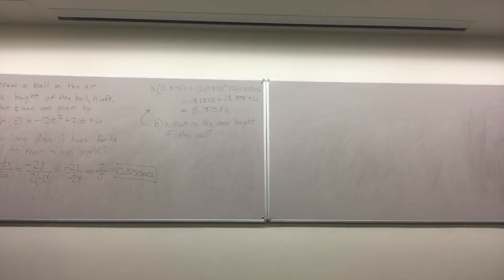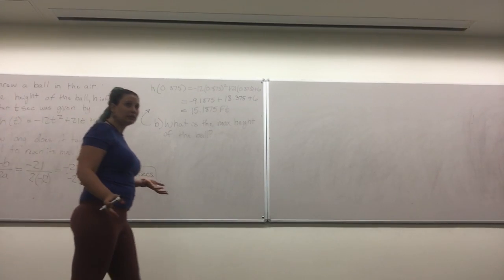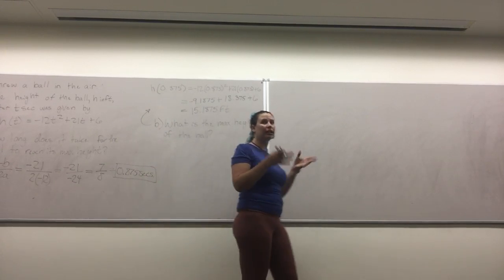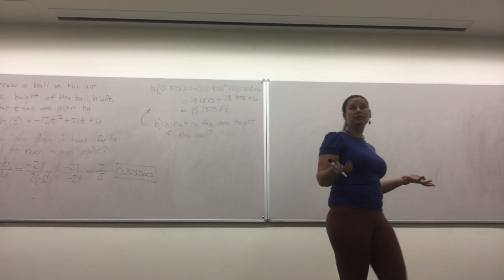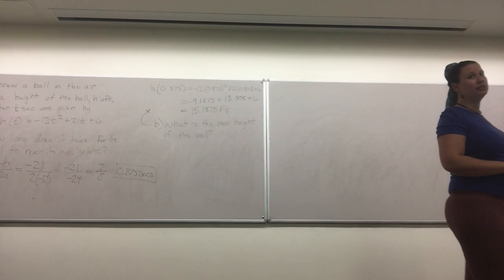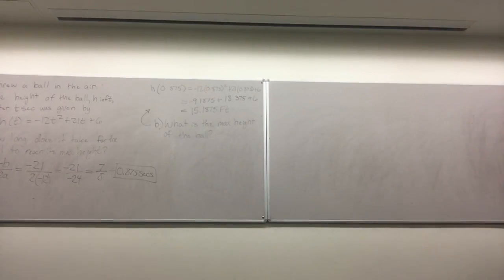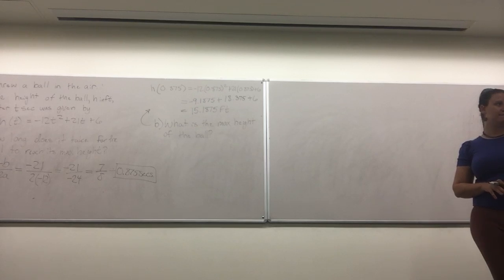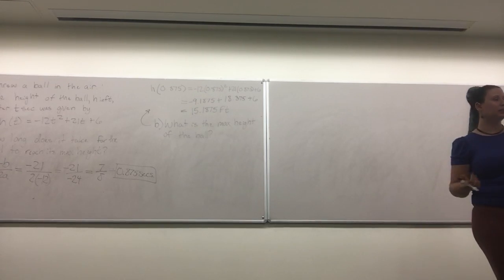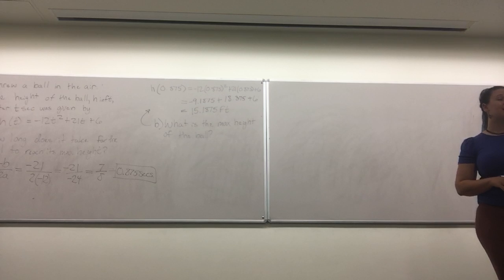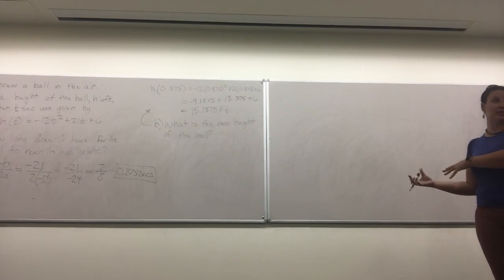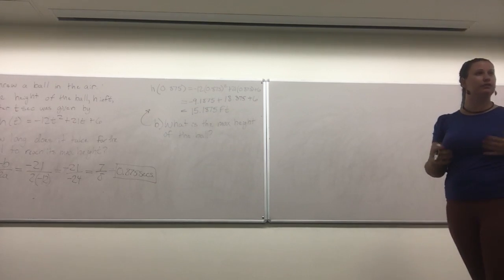Ground is 0 height, so you're finding the t value. You will get 2 answers because it's a quadratic and you're setting it equal to 0. One of them might be negative. Is that a valid answer? No, because it's time in seconds. We're not asking that in this problem, but a lot of times we are asked that in these types of problems, so that's why I went through it.